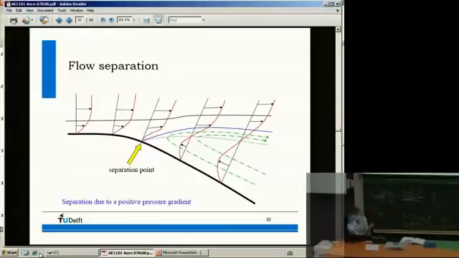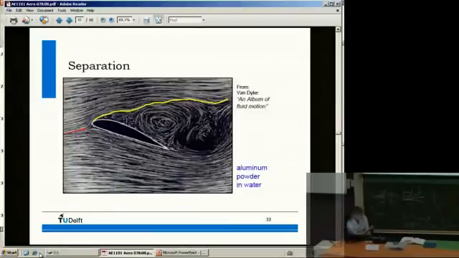This is called the separation point, where the flow separates. First you have normal flow like this, and here you have your separation point. And in this case we actually have leading edge separation. This is one of the first experiments by Van Dijk. Aluminum powder in water, and you can see this is called the dividing streamline, dividing the outer flow from the dead water region.